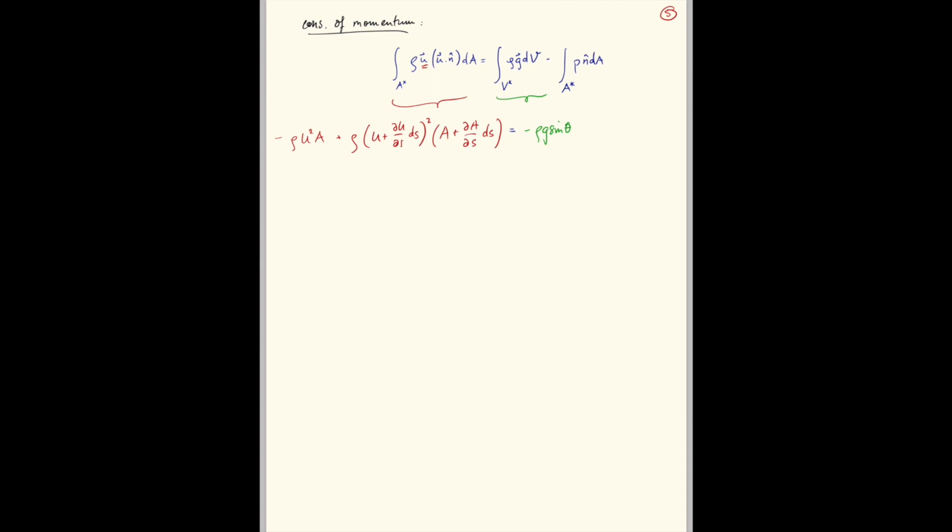So the average value will be a plus dA ds over 2. That puts you at the midpoint. And then you times the area by the distance to get the volume. Yeah, so this here is your volume integral.